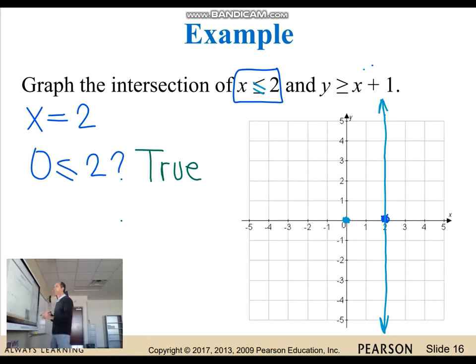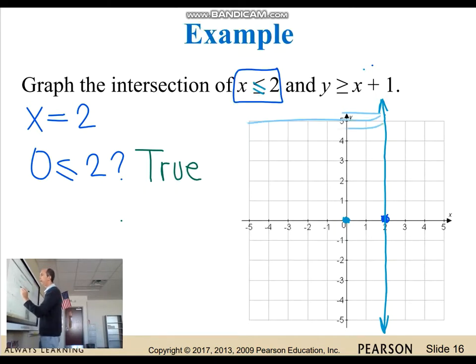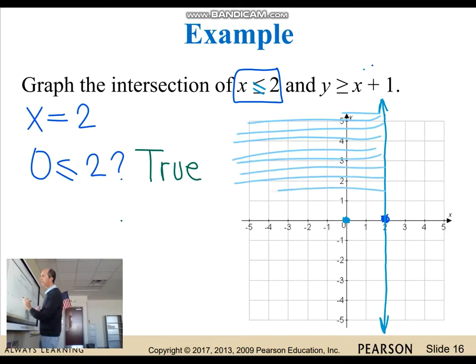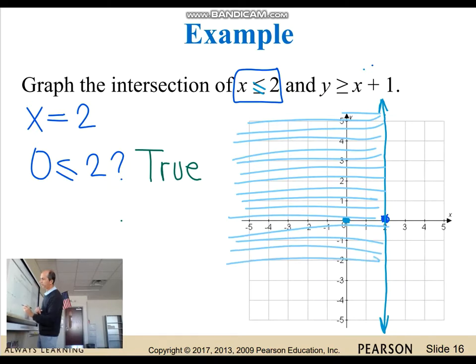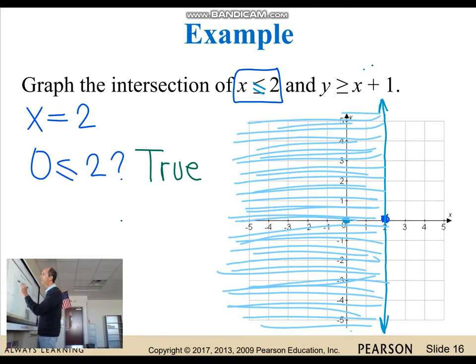We can shade this whole area right here, including the testing point, because it produces a true statement, right? Shade everything on the area where you can find the testing point, same area.